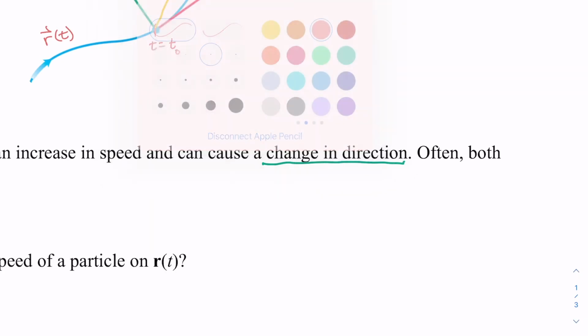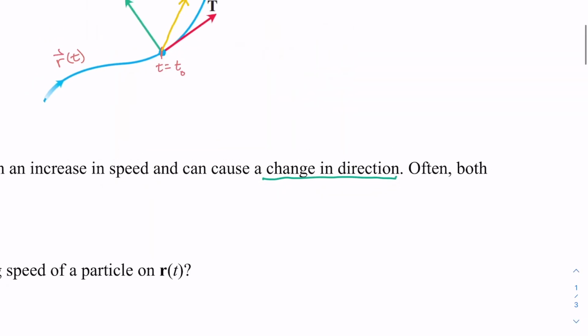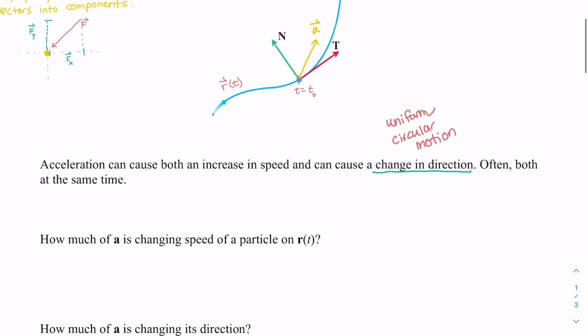If you remember studying uniform circular motion, then an acceleration pointing towards the center of a circle, instead of causing an increase in speed, causes the velocity vector to change directions. It's a force causing a change in the direction of the velocity vector. And often this is happening at the same time. There's both an increase in speed and a change in direction.